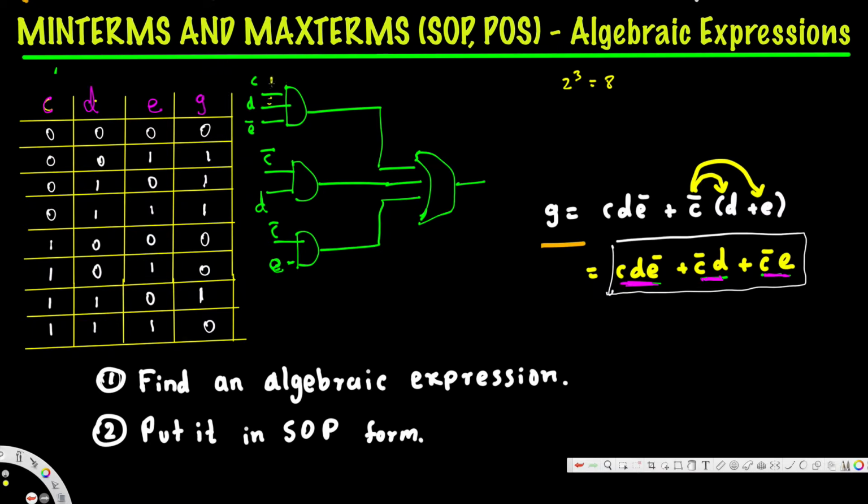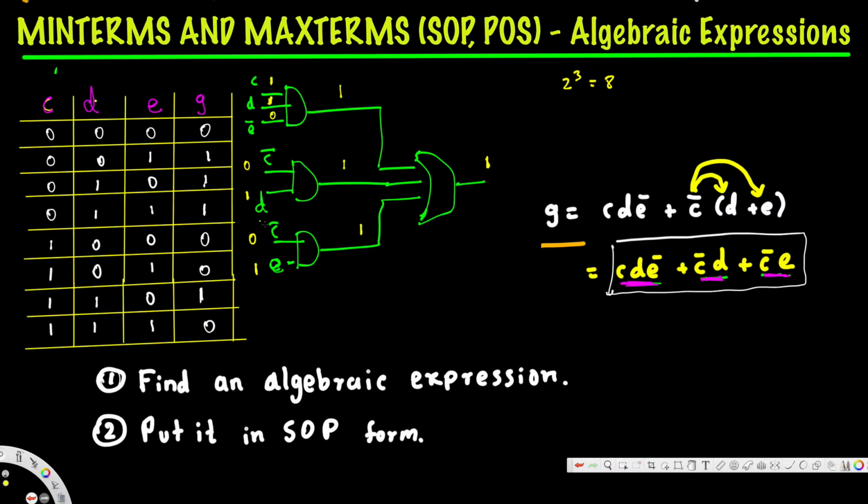So this has to be 1, this has to be 1, this has to be 0 in order to get a 1. And C has to be 0, and D has to be 1 in order to get a 1. And here C has to be 0, E has to be 1 in order to get a 1. That will result in 1. Okay, that's how we did this one.